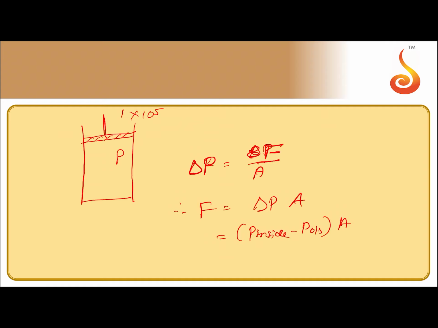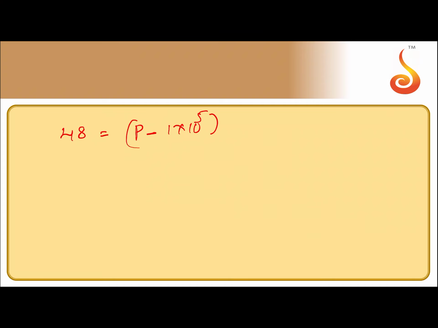So if you look at this equation, that area is given as 8 centimeter square. Right? 8 centimeter square, so 8 into 10 to the power of minus 4.